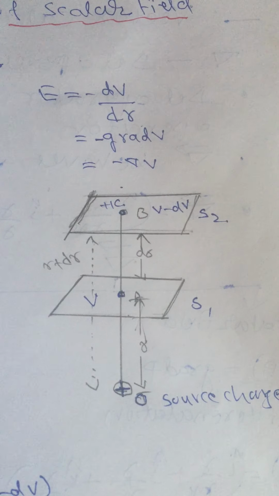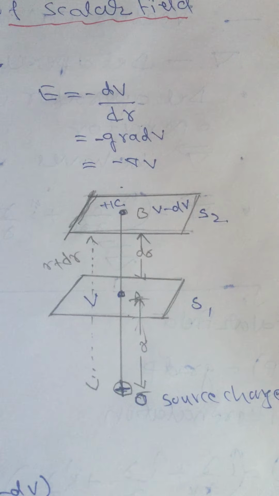Both are equipotential surfaces. As you know, on an equipotential surface the potential at all points is the same. The potential at surface S1 is V. The potential at surface S2 is V minus dV. This means that as you move away from the source, the potential decreases. So S1 and S2 are the equipotential surfaces.